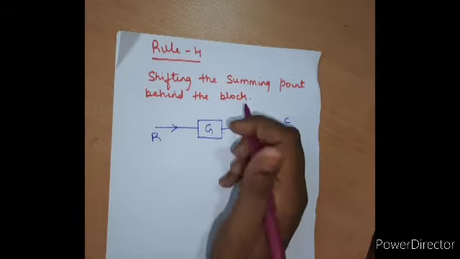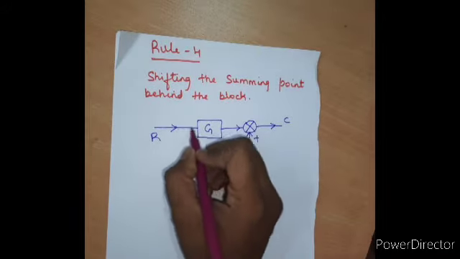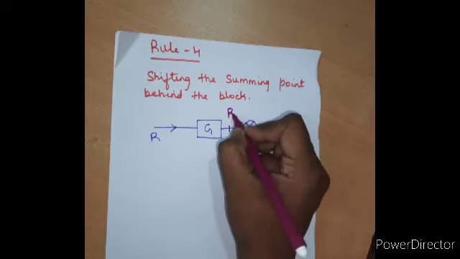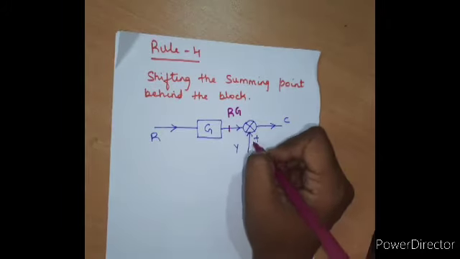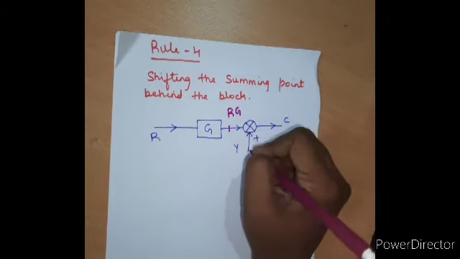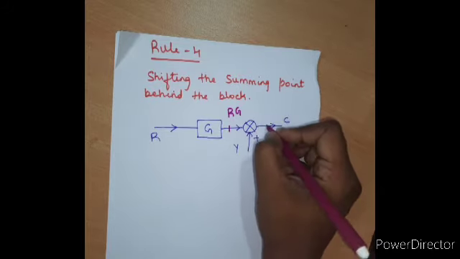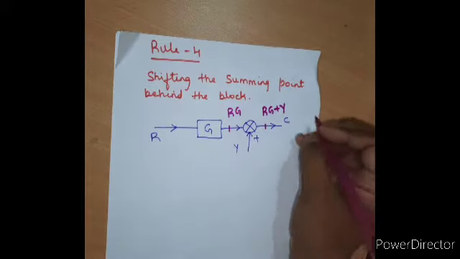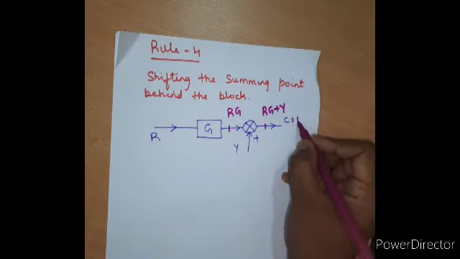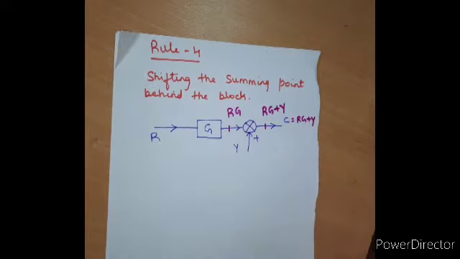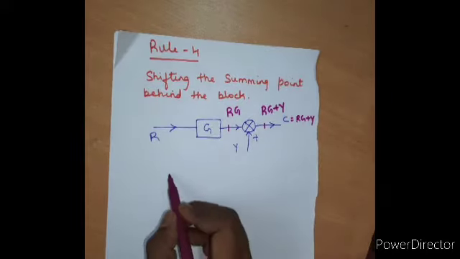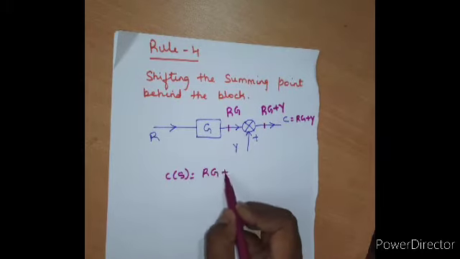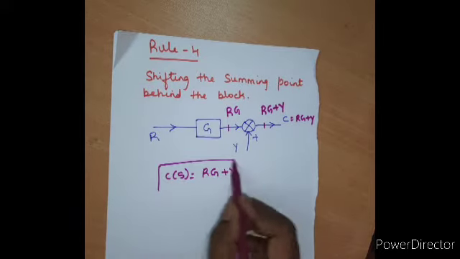Input R is coming in, which is in series with G, so at this point the output is R into G. Then this RG enters the summer along with Y, so we have RG plus Y. So I can write C of S is equal to R into G plus Y. This is my expression.